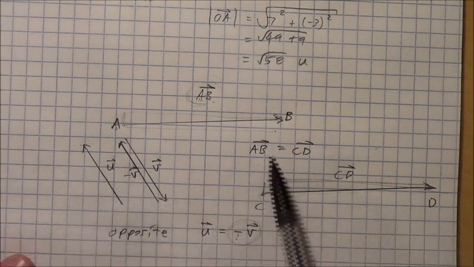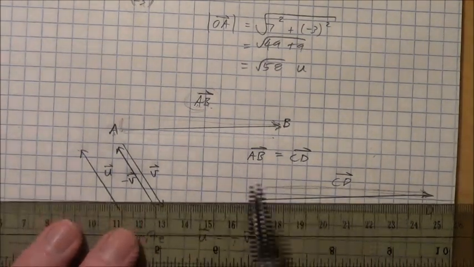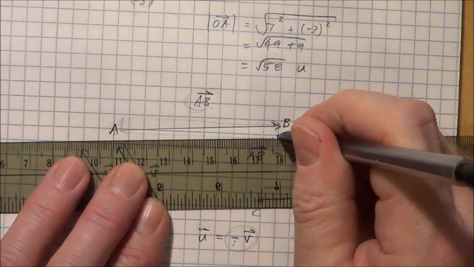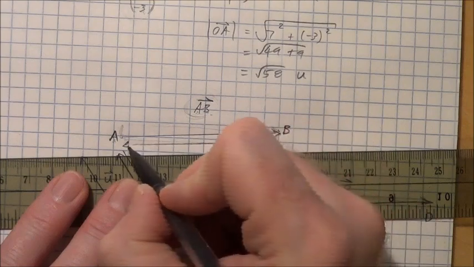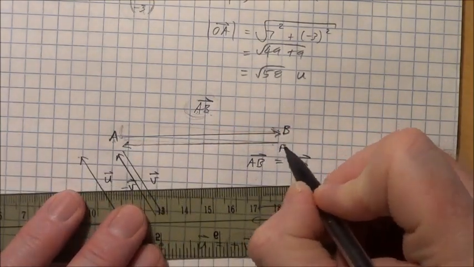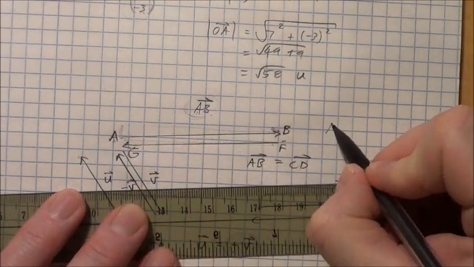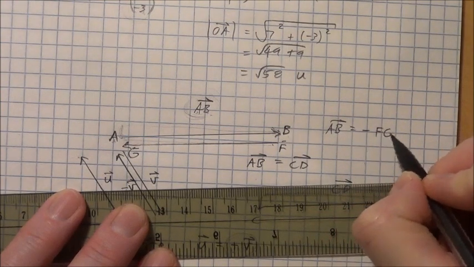If I used something like this sort of notation where I have point-to-point vectors, if I had this vector here and I'm stating that they are parallel and opposites, let's say this is vector FG, I could say vector AB equals negative vector FG.